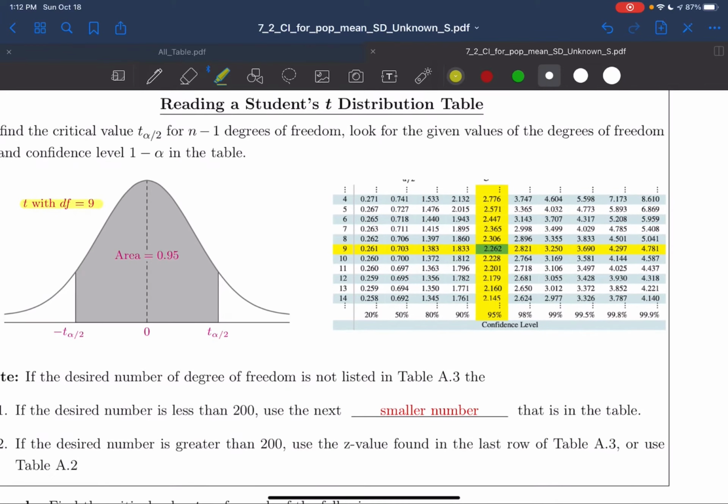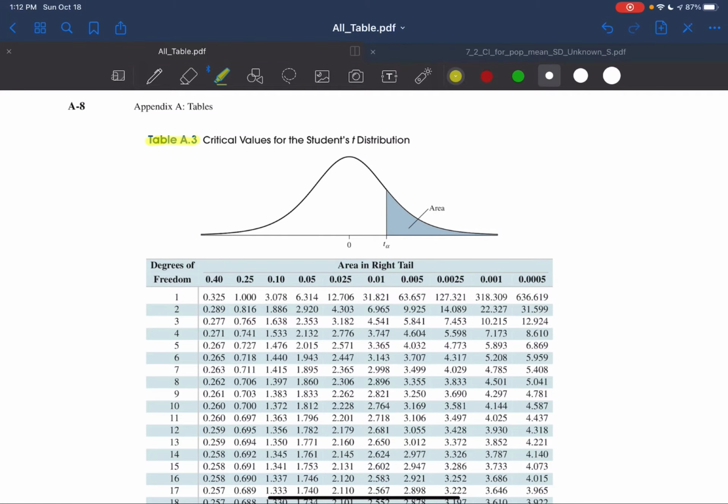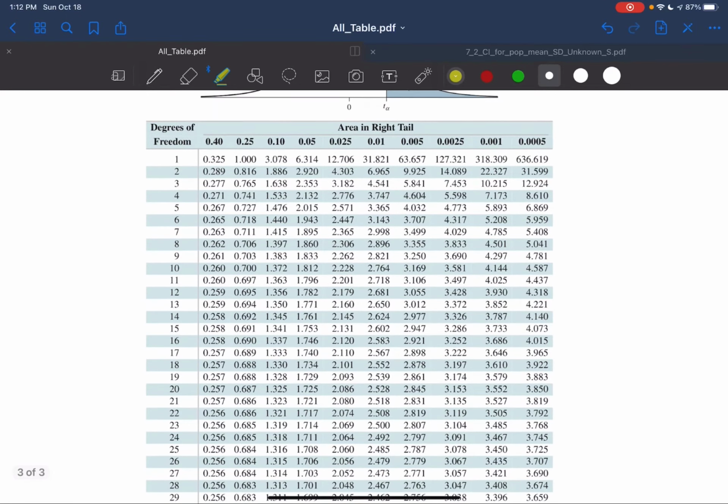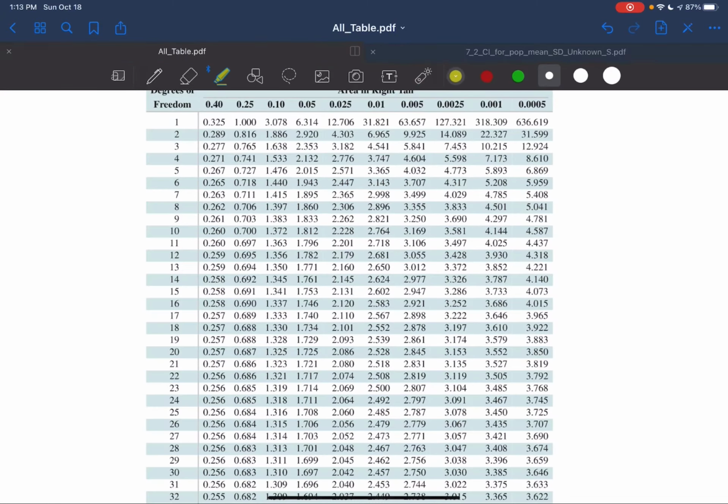Well, we're going to use this table here, which is table A3 in your textbook. You can also find it on Blackboard if you can't find it in your textbook. You look for your degree of freedom, and here in our example, it is 9. So you look at 9 here.